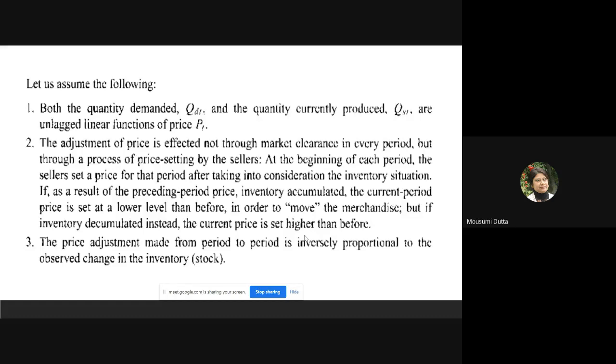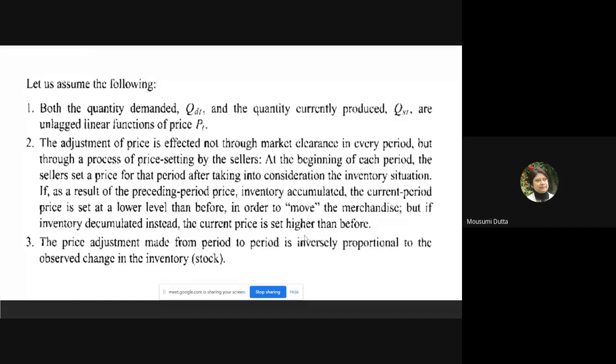We are not introducing any lag here. In the cobweb model, QDt was a function of Pt. However, QSt was a function of what? Pt or something else? In a cobweb model, Pt minus 1. So there was a lagged functional relation between QSt and price. Here we will not consider that.